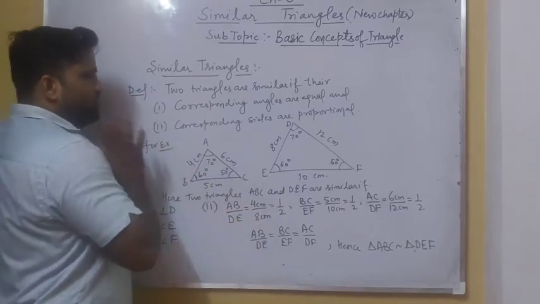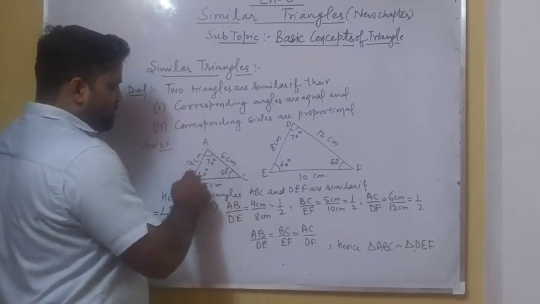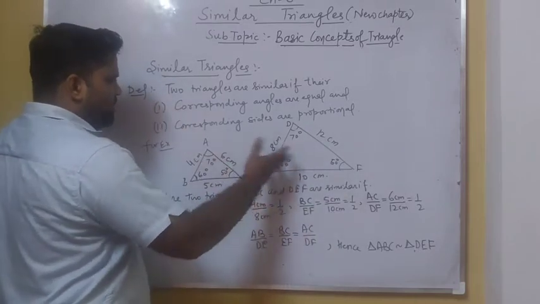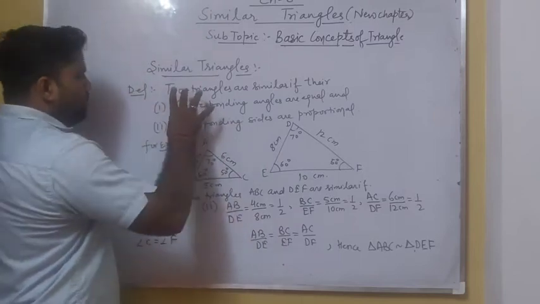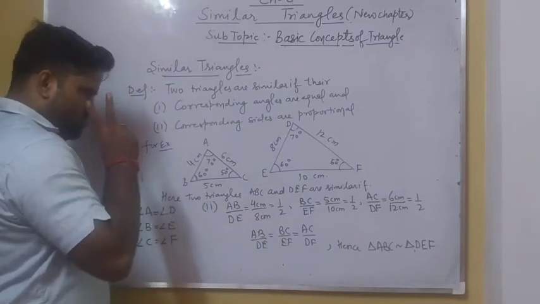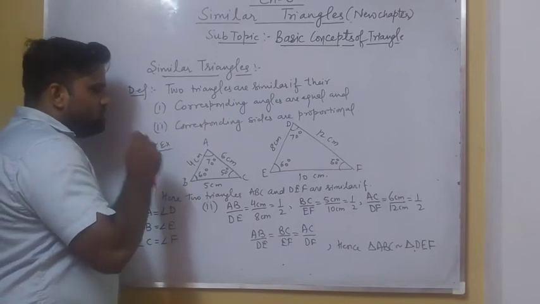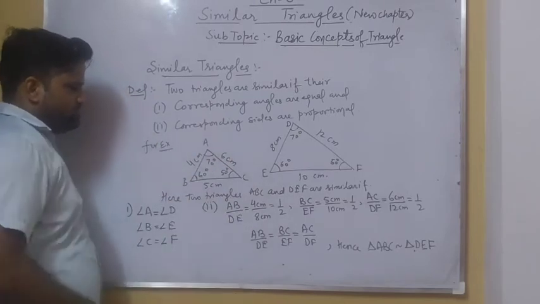Here is one example in front of you. We have triangle ABC and triangle DEF. The sides and angles are given. Let us apply these two properties and see whether these triangles are similar or not.